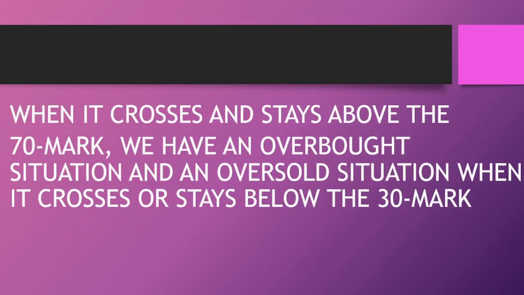When it crosses and stays above the 70 mark, we have an overbought situation, and the oversold situation is when it crosses or stays below the 30 mark line of the RSI indicator.